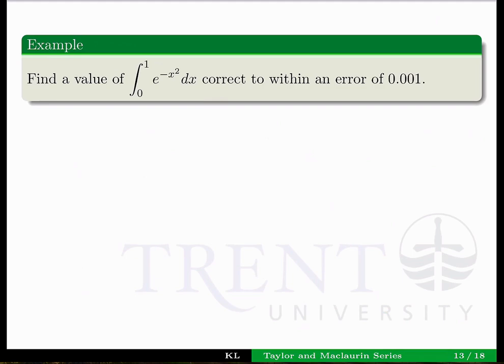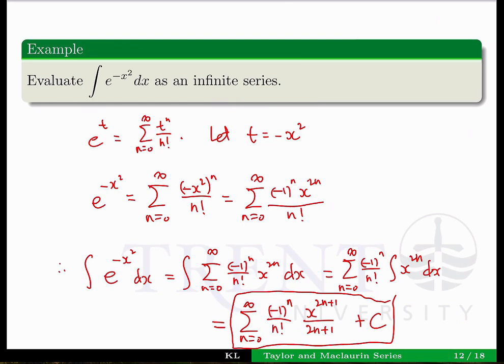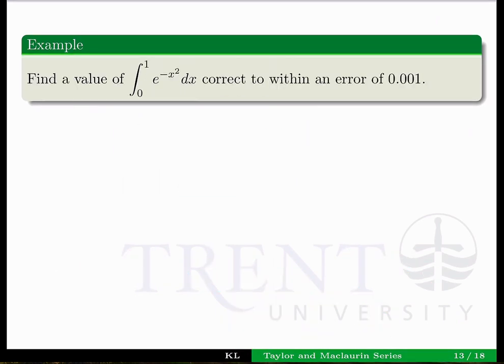Now this time, we want to find the value of the definite integral from 0 to 1, correct within an error of 0.001. Let us use what we have found so far from here.